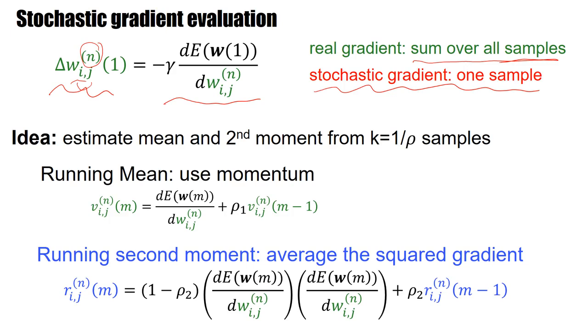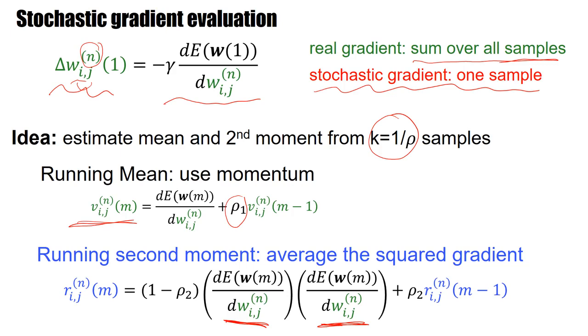Now, we want to estimate the mean from K samples, and we can do this, for example, with a running average. We have a first parameter, rho 1, and then this procedure just averages the gradient over roughly K samples. Now, we then do something very similar with the second moment. So we take the same derivative, the derivatives of the same weights, and we square it.